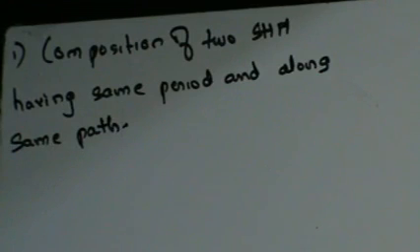Right? Now let's consider that a particle can be subjected simultaneously to two or more SHM in different periods, paths and amplitude. But what we are going to consider is a very simple case of composition of two SHMs having the same period along the same path but different amplitudes and different initial phase.